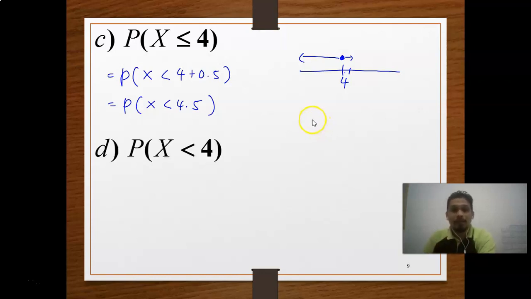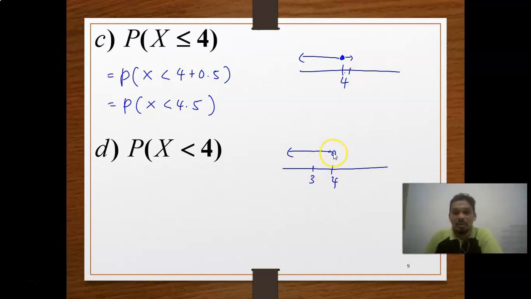Next, what about this one here now? The same direction to the left, just like this. The difference here now is that it does not include 4, meaning 4 is not the starting point for x less than 4. Meaning that it begins with 3. The round figure for beginning here is 3.